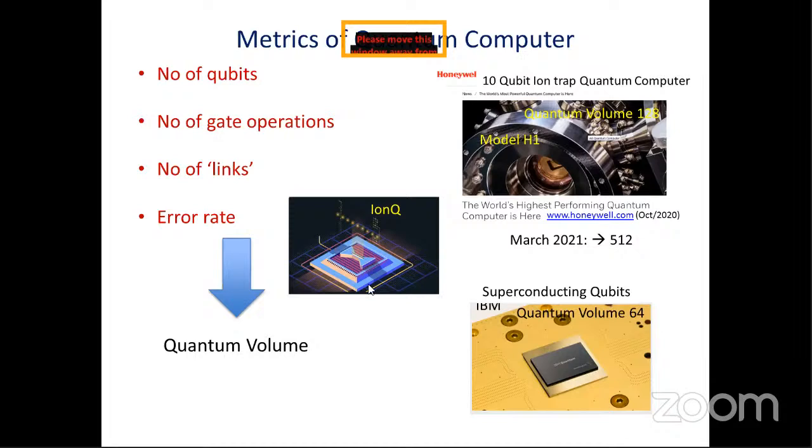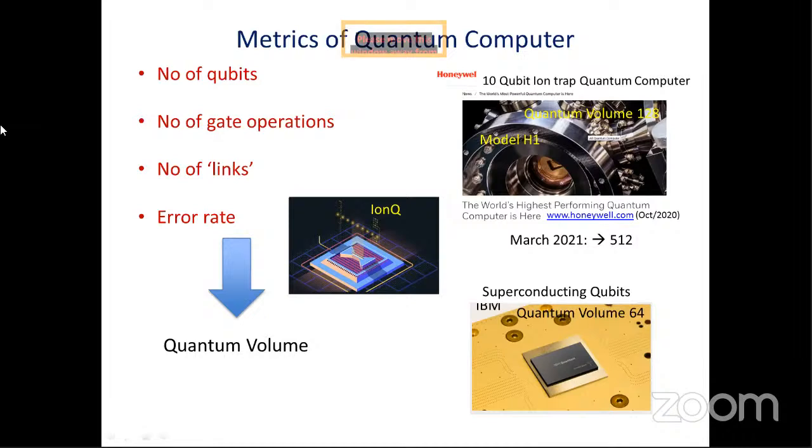You come across quite a few errors when manipulating the state of the qubits. Now, these error rates are going down day by day because of improvements in the way the qubits are manipulated, including the way the gate operations are implemented.